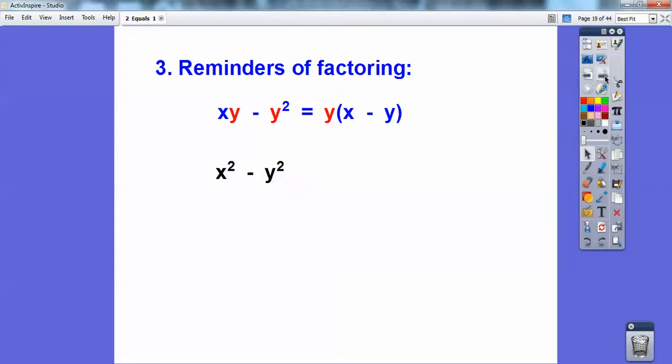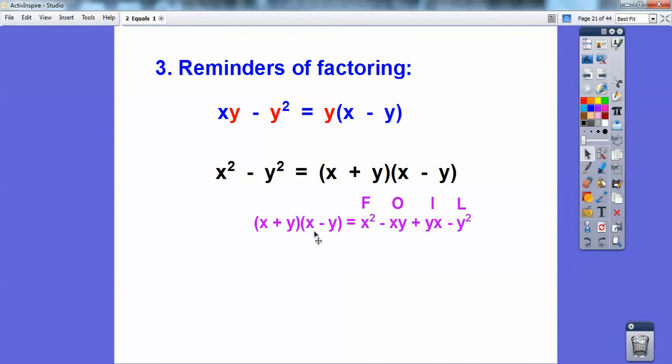And then also, this is called a difference of squares because a difference means a minus sign, a square here and a square there. Difference of squares always factors to x plus y times x minus y. If you have trouble seeing that, imagine if I said FOIL out x plus y times x minus y. First times first, x times x is x squared. O means outer times outer, so x times negative y is negative xy.